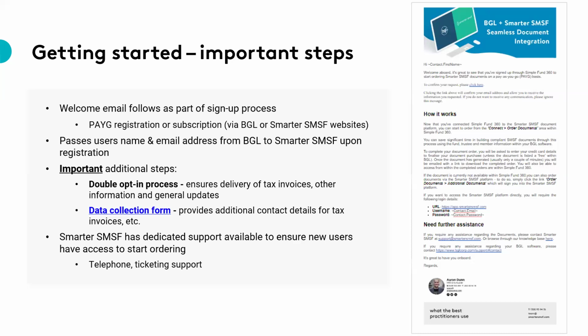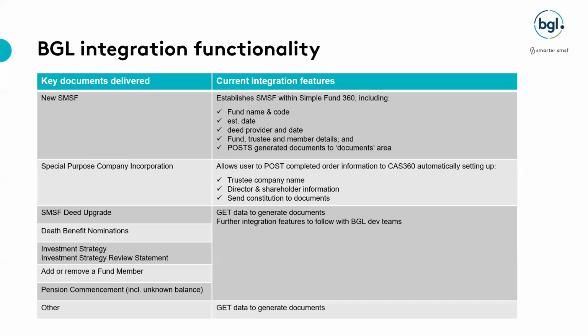You can call us, or you can raise a ticket either to support@smartersmsf.com or via the website. You'll see a little beacon on the bottom right-hand corner that will enable you to submit that ticket, and then it will get triaged within the team at Smarter SMSF. We'll go in and show you all that process a little bit more shortly.